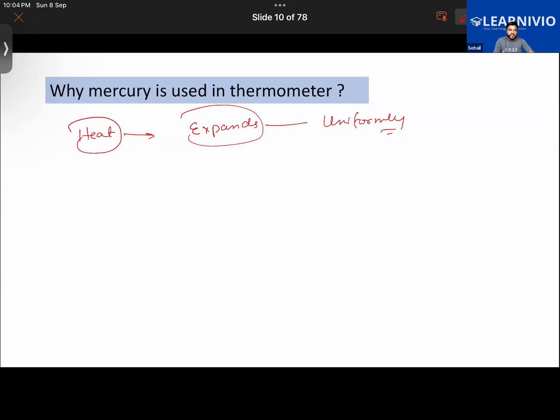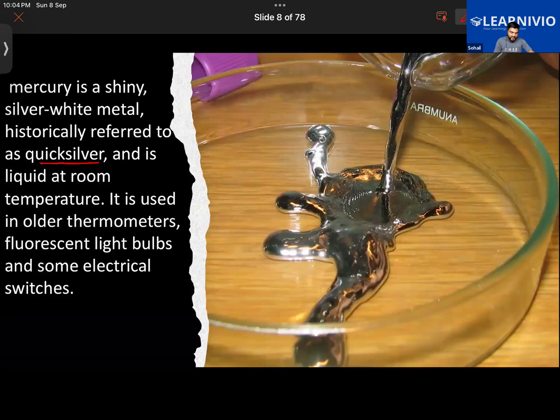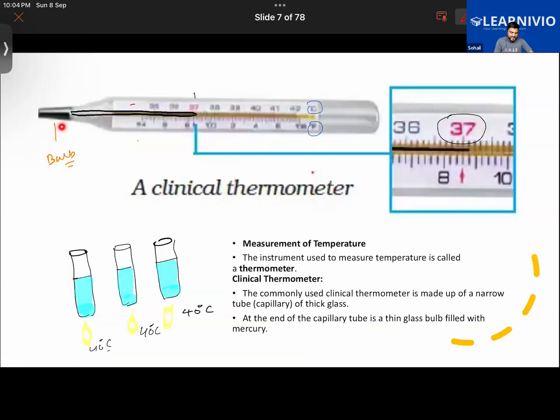So will the temperature of the body ever go to 1500 degrees Celsius? Just suppose if I were to use iron in place of mercury, if I were to fill this with iron, iron will start to melt once it has been heated to about 1530 or 38 degrees Celsius to be exact.